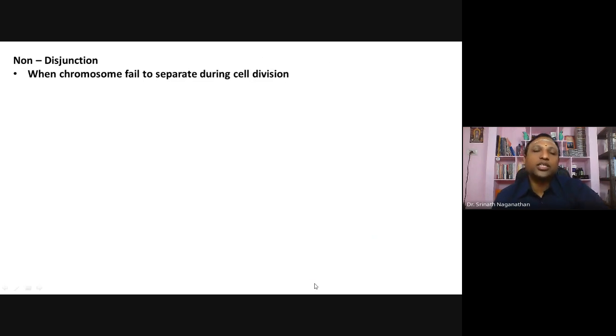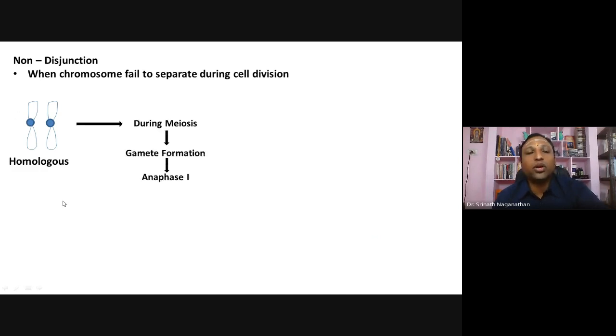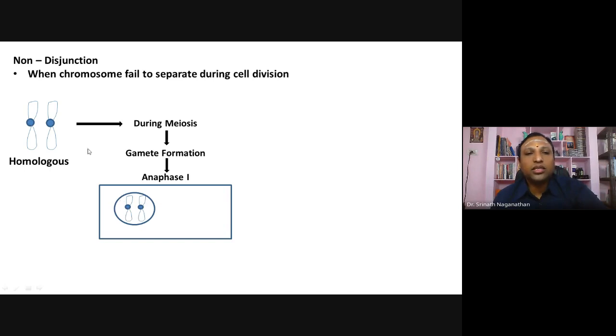So non-disjunction is when the chromosome fails to separate during cell division. If you see this, we are having homologous chromosomes. During the division, in gamete formation in anaphase 1, both the chromosomes are packaged in one and the other one does not have the particular chromosome.